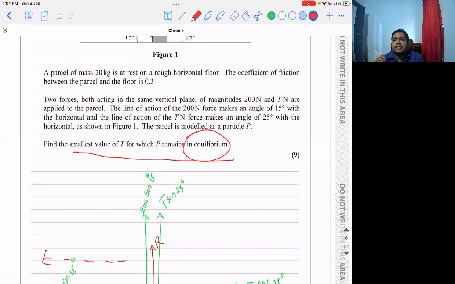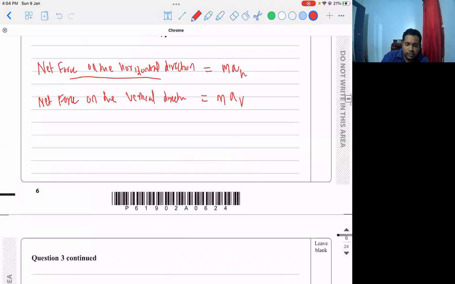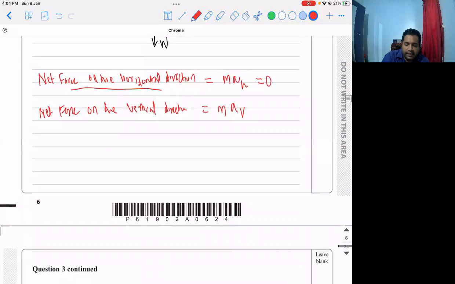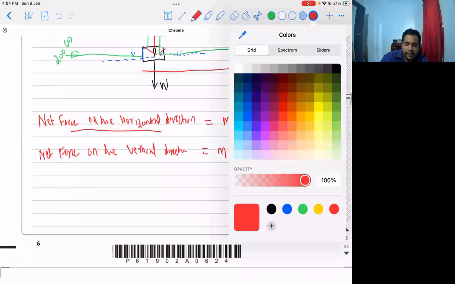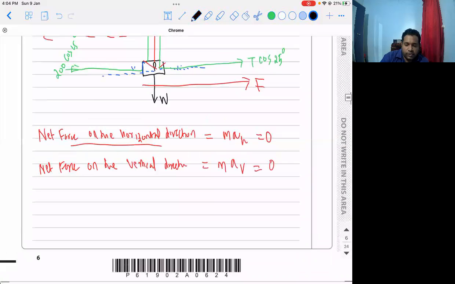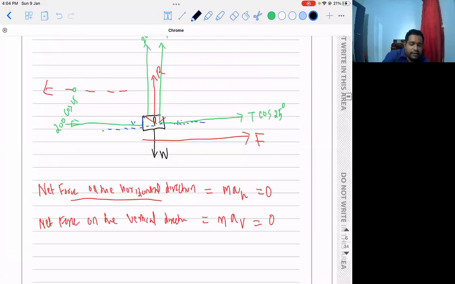Equilibrium means the particle is not in motion, or the particle is not having acceleration in both directions. So indirectly, it is equal to 0.